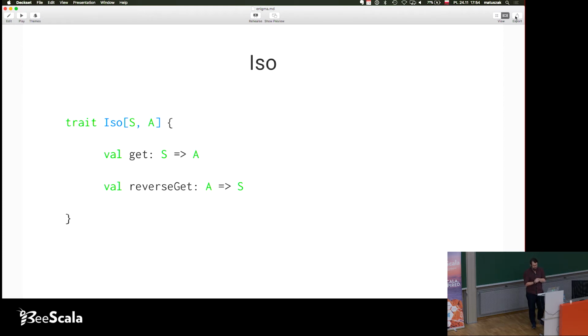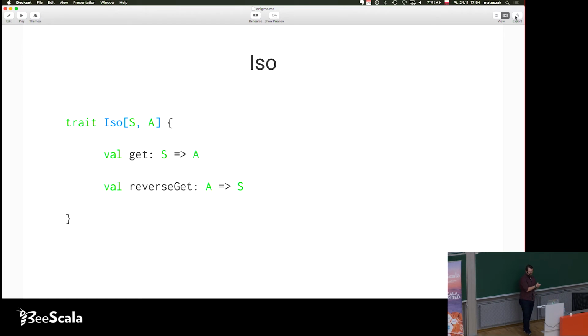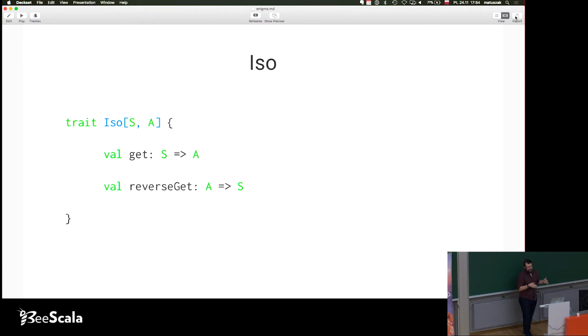First, maybe the types. You can think of S as a type in the domain, and A as a type in the codomain. So the get method takes something from S and maps it to A. Reverse get takes something from A and maps it to S. And this is lossless, which means there will always exist a path from S to A and from A to S. This is the basic property of isomorphism.